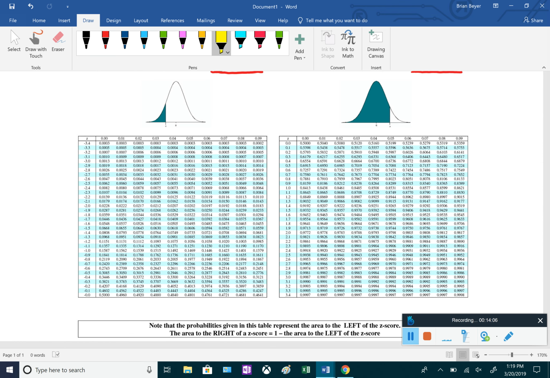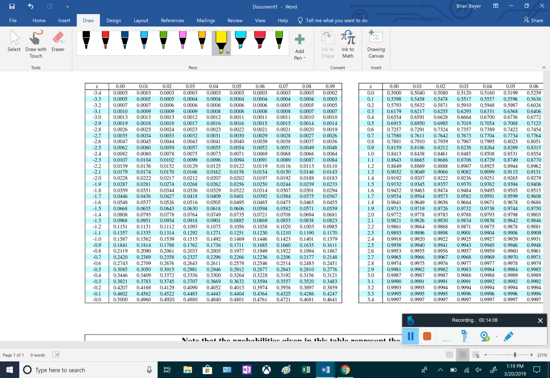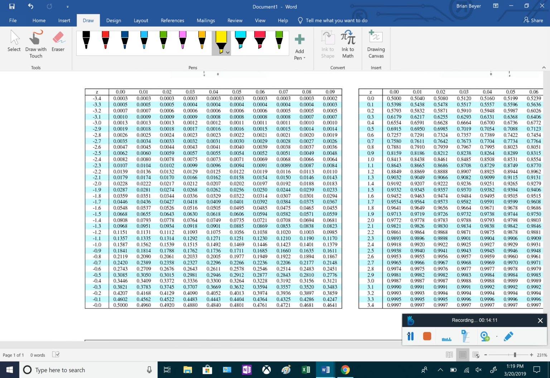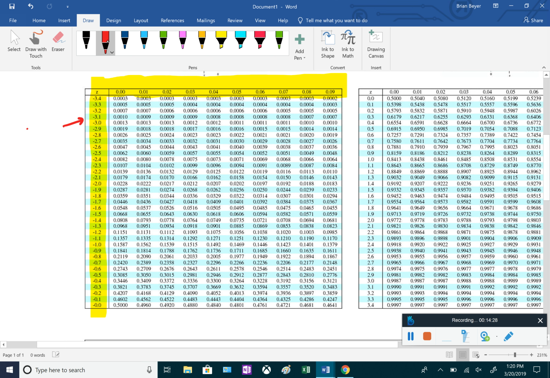Let's zoom in a little bit. For this one over here, here are the z-scores. We have the column right here, and then we also have the hundredths place value up there. All of those are negative z-scores.